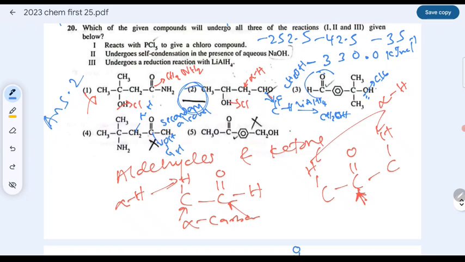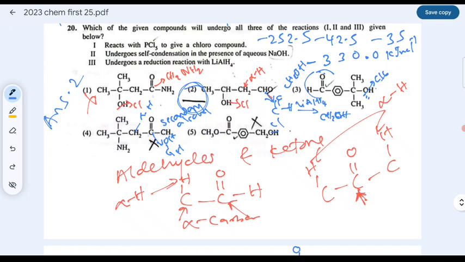Then fifth one, here this is a carboxylic acid, right? Carboxylic acid, so fifth one, there is reaction with PCl5, here Cl it gives. And undergo self-condensation? No, it can't undergo self-condensation because there is no aldehyde or ketone and there is no alpha hydrogen there, right? Therefore, no self-condensation. Then undergoes reduction reaction with lithium aluminium hydride.